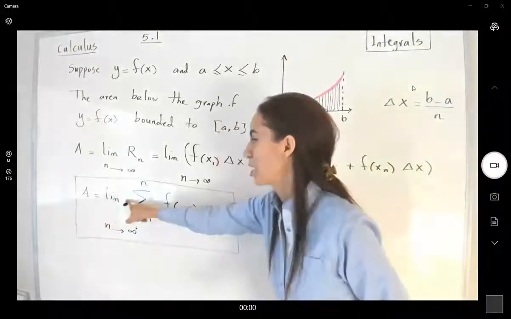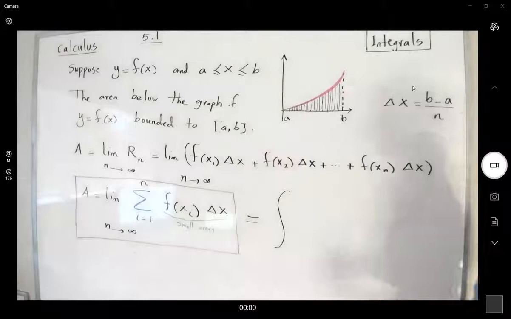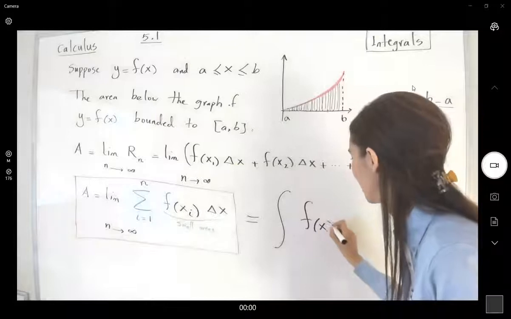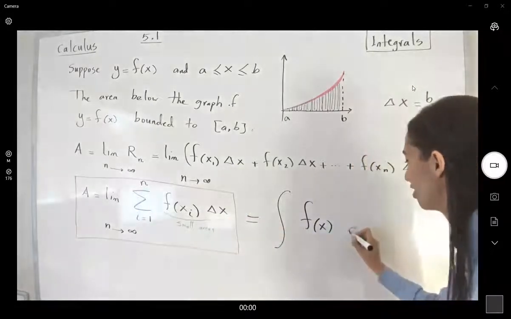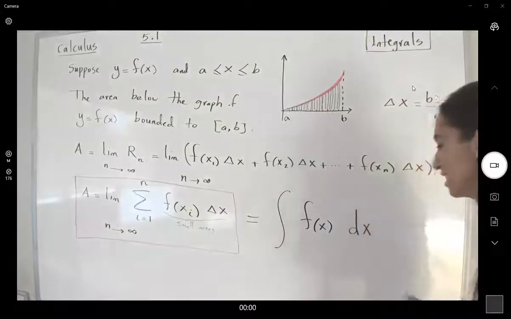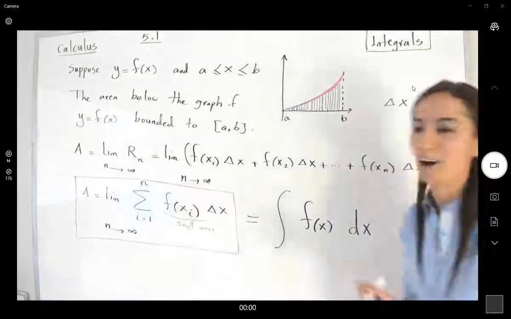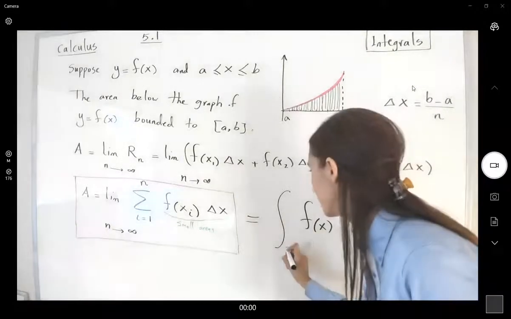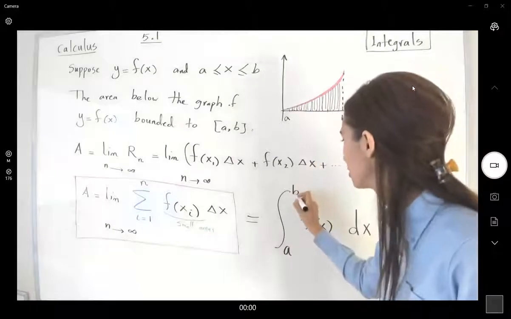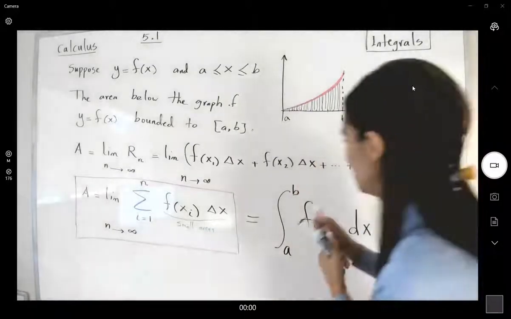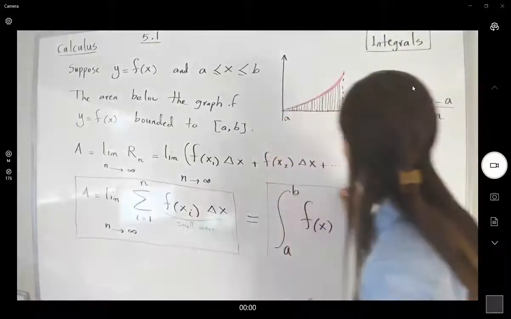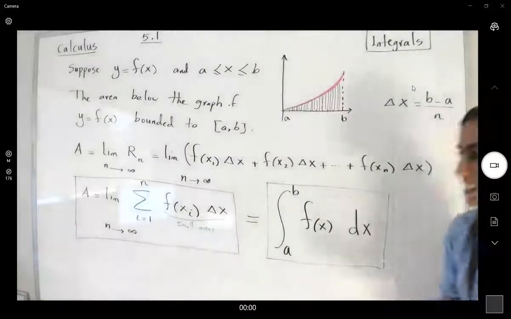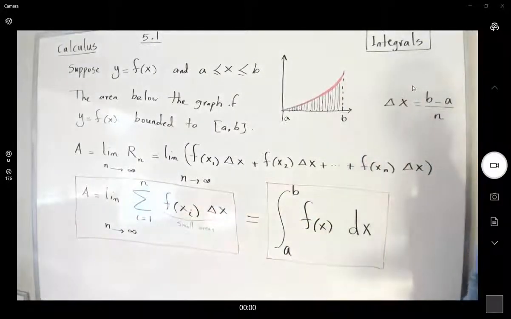So the limit of sigma is now the integral, f of x, delta x is now dx. So dx is the limit of your delta x. And your x is in between A to B. From Riemann sum to definite integral to define the area.